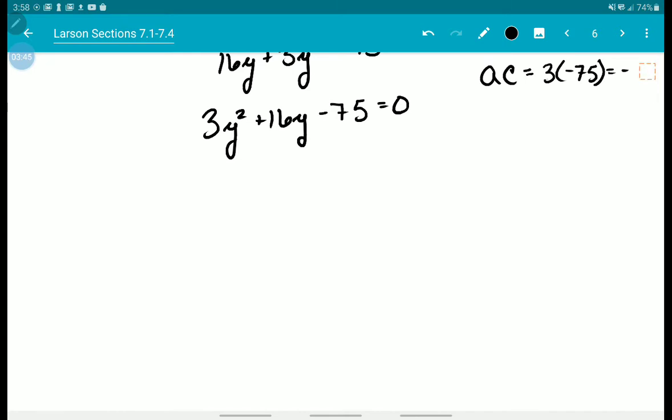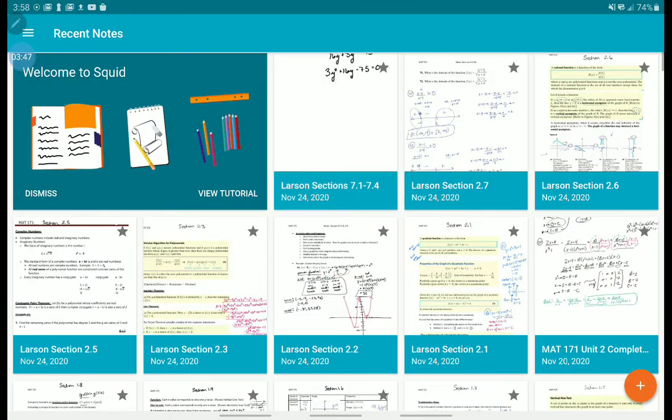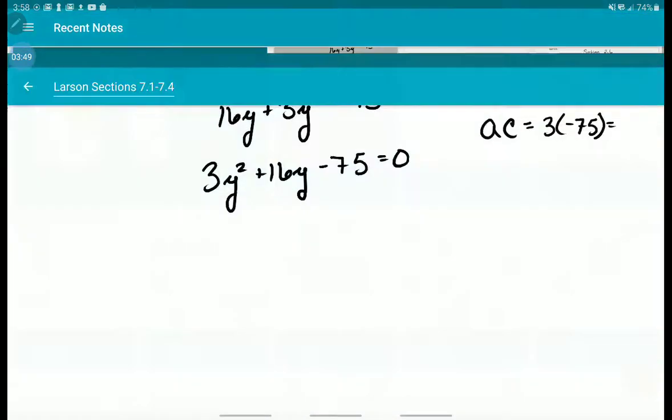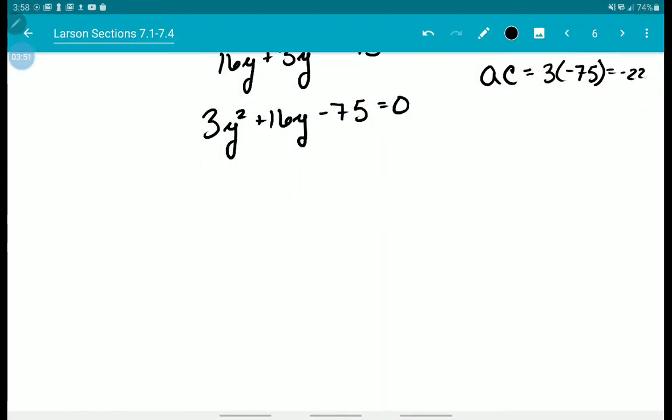So remember, we want two numbers that multiply together to give us negative 225, but that will add to give us a positive 16. So let's start brainstorming. We could have a 15 and a negative 15. Those multiply to give us a negative 225, but that does not add to give us the 16.